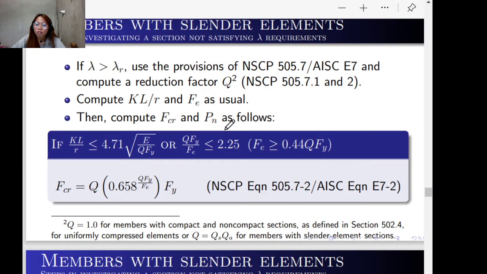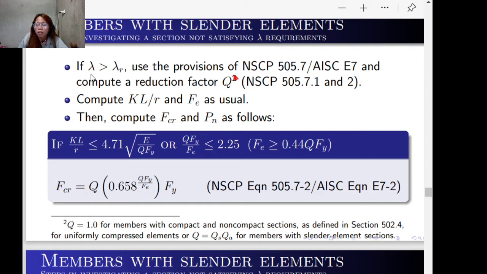So Q, it is not squared, as provided in NSCP 505.7.1 and 2. Then we check for this local stability, no? If this lambda is less than this lambda sub r, meaning local stability is okay, no problem for local stability.